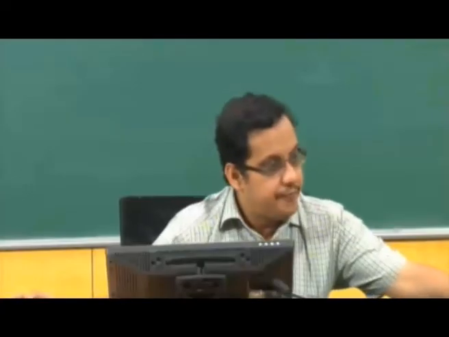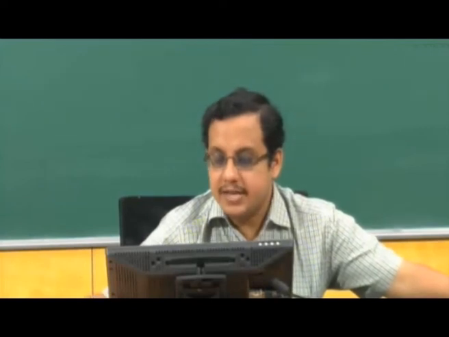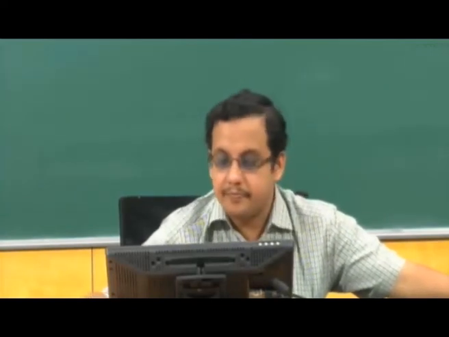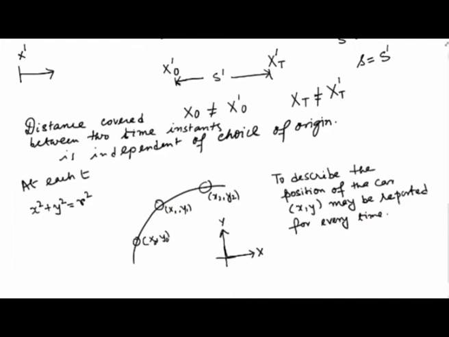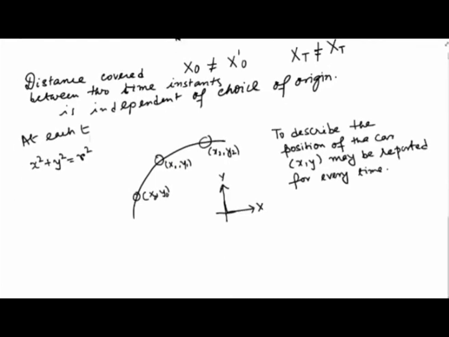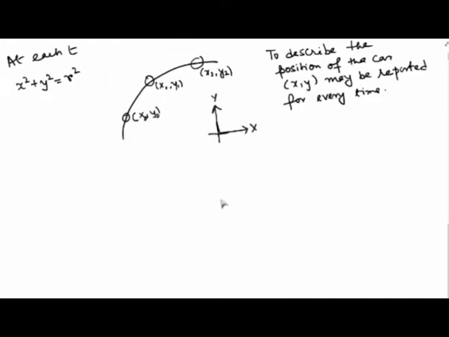So instead of describing the problem through x and y, I might as well choose to describe this problem. So this is the circular track. Instead of describing x and y against time, I might choose to describe theta against time, where theta is measured in this fashion.